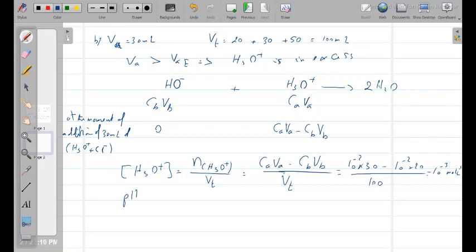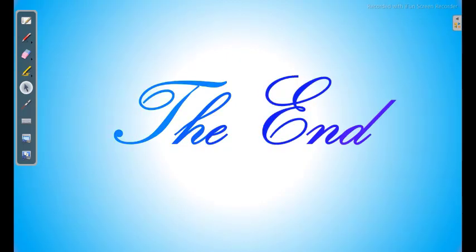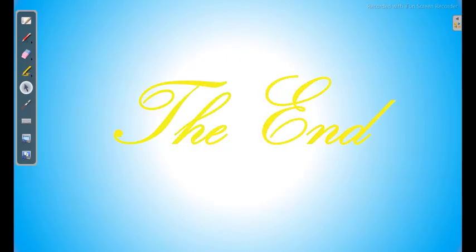And therefore pH equals negative log concentration of H3O+ equals negative log of 10^-3 equals 3. This is the pH after the addition of 30 milliliters of hydrochloric acid. This is the end of application 14, and this is the end of part 9, titration strong acid strong base, and the end of chapter 4.